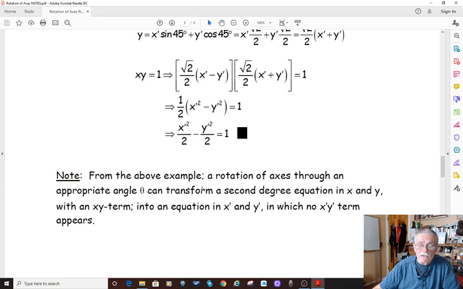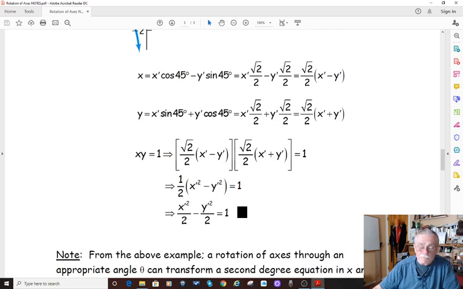Okay, so the general idea is, from the above example, a rotation of axes through an appropriate angle theta can transform a second degree equation with an xy term into an equation in x prime, y prime coordinates in which no x prime y prime term appears. So that's the idea.